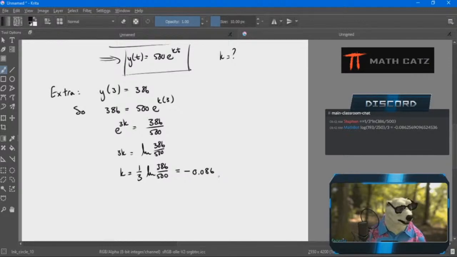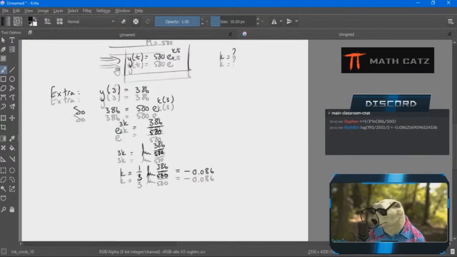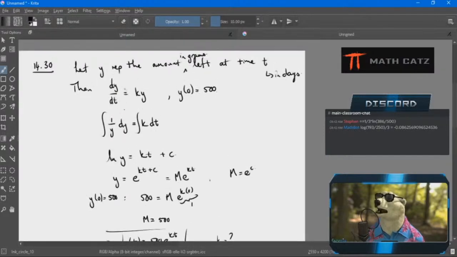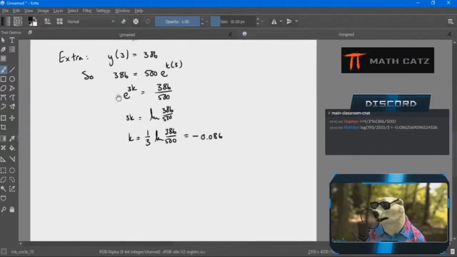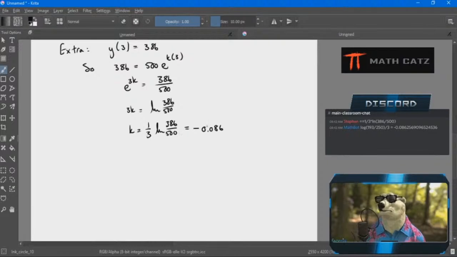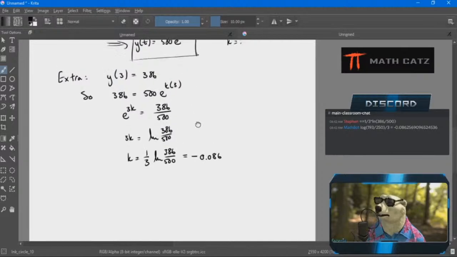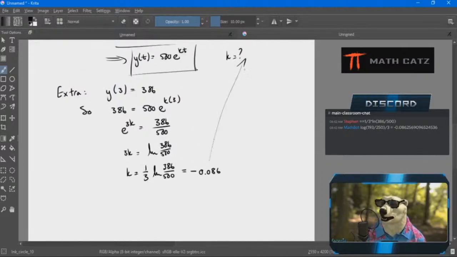So negative because the rate of change is negative. Remember the rate of change is k times y. Y is always a positive number. So if I'm going to decrease, then the k has to be negative to make the derivative negative. So that is all making sense. And there's my k value that I can use in my function whenever I need to.